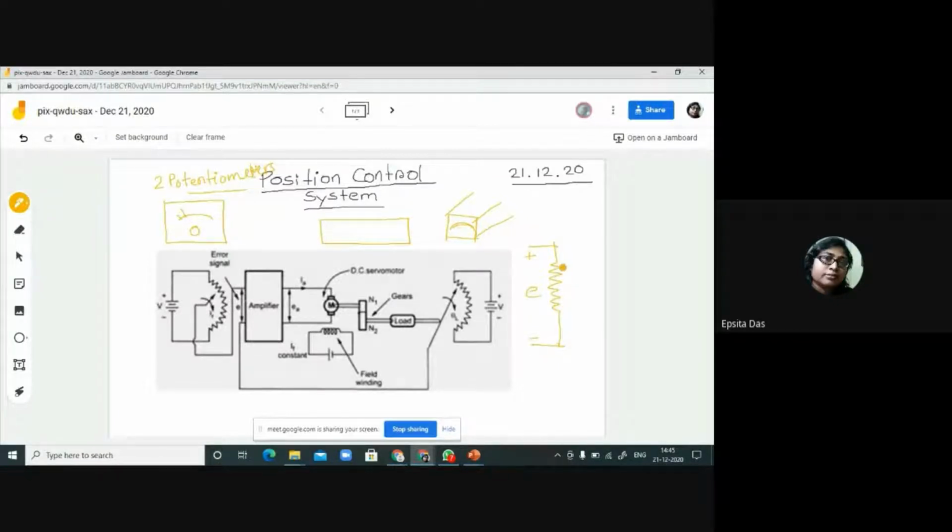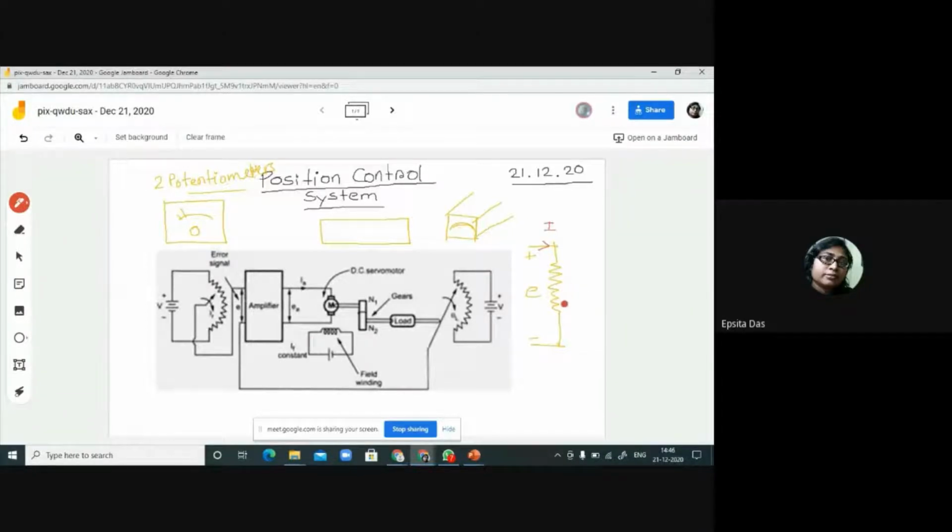A potentiometer is nothing but resistance. Now that means current can flow through it. If the current flowing is I, and the total resistance of the potentiometer is R, then I into R must be equal to E as per our Ohm's law.